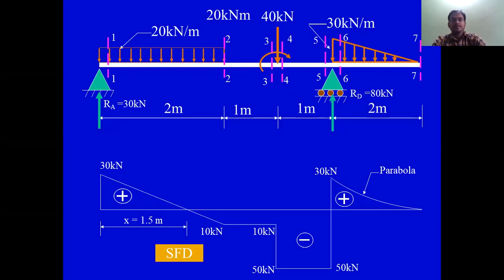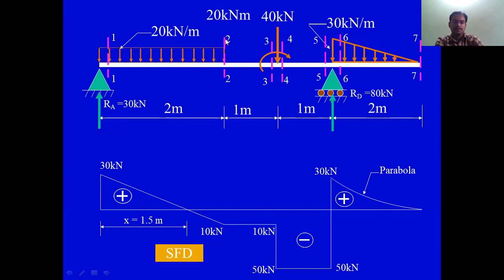Next, coming to the shear force diagram. According to the shear forces, we should keep here 30 kilonewton in the upward direction.